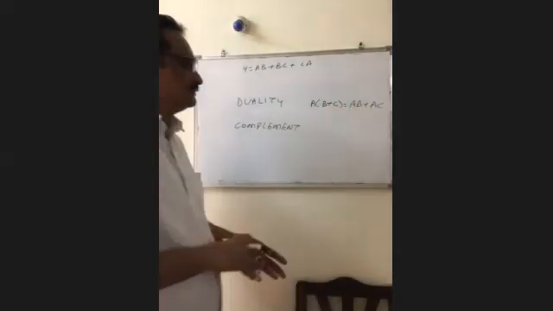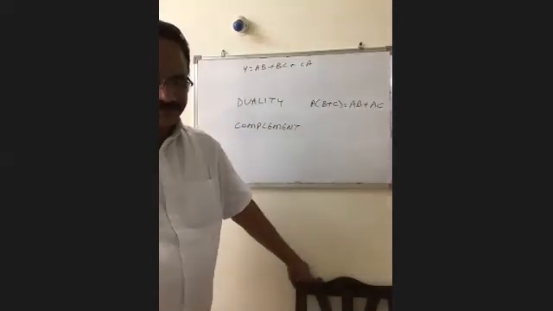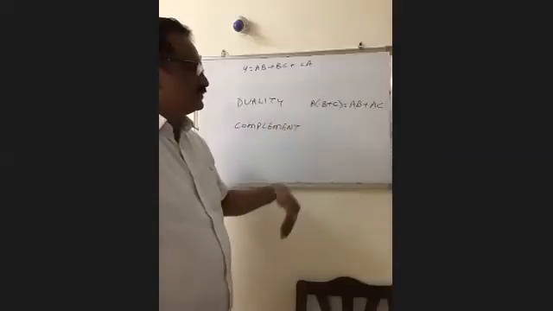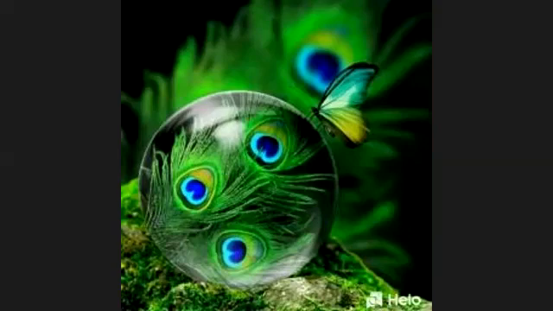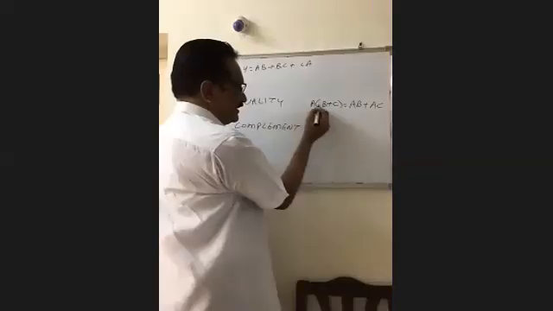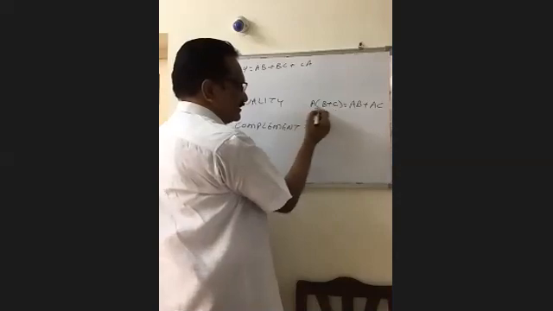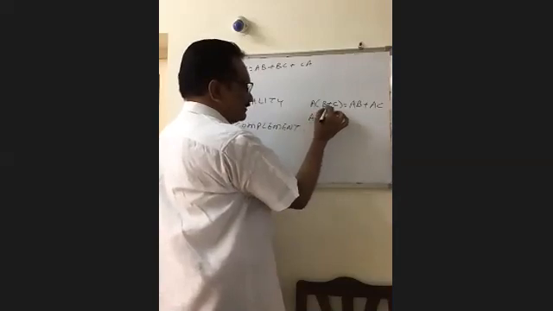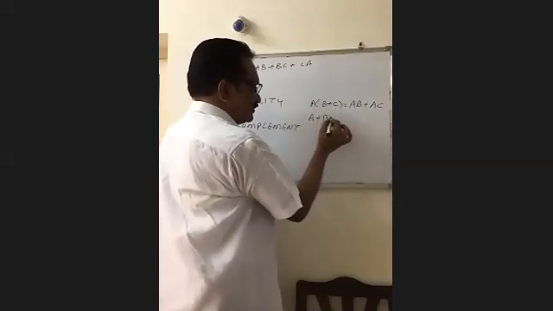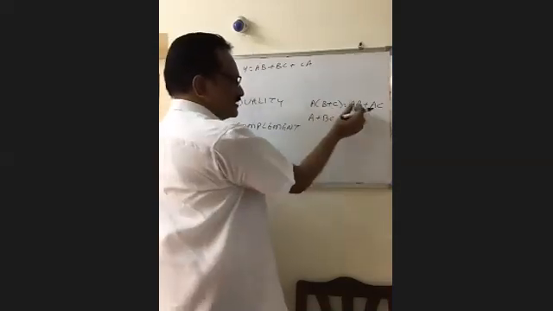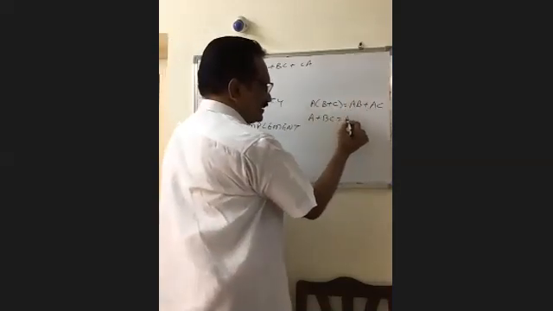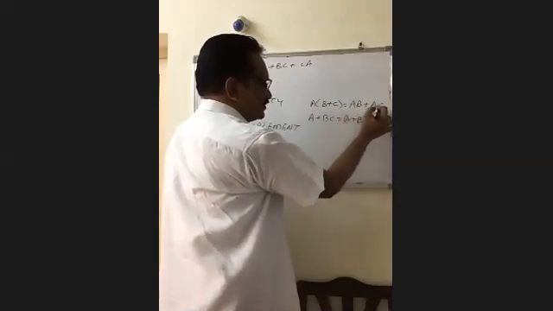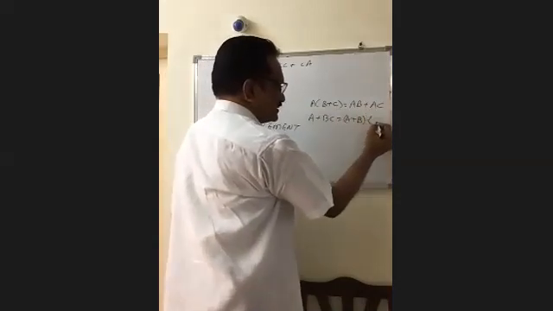What is the name of this law? Distributive law. What is the dual for this one? Here there is a multiplication sign and here there is an addition. So replace the dot with a plus symbol and plus with a multiplication symbol.